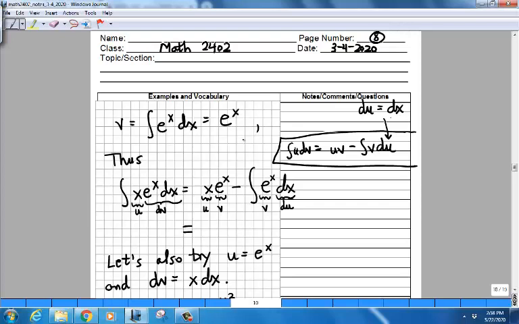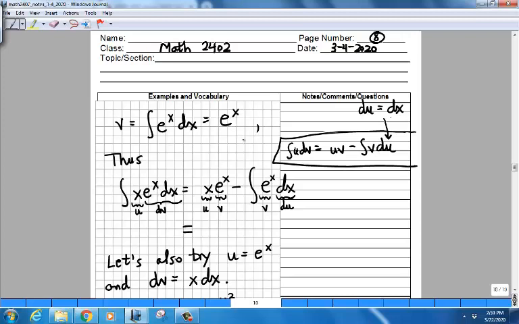It says the antiderivative or the integral of u dv is u times v minus the integral of v times du. Okay, so there was our original problem. We were thinking of u as being x. We were thinking of dv as being e to the x dx.